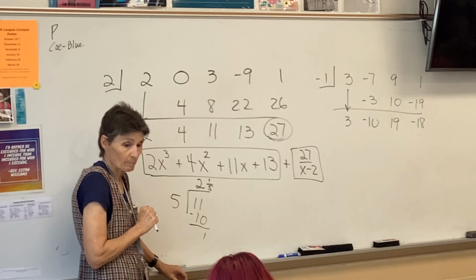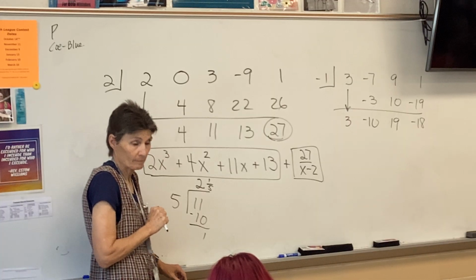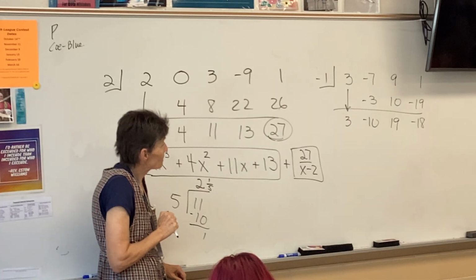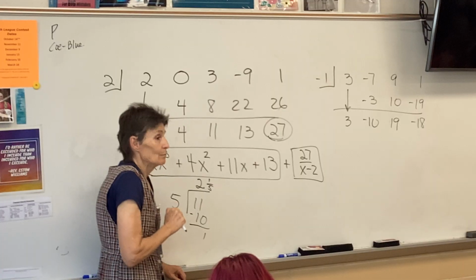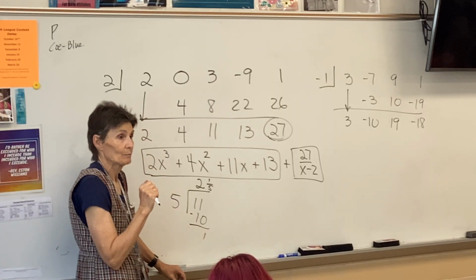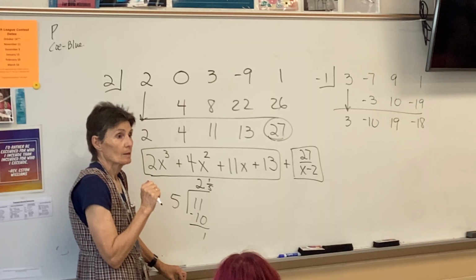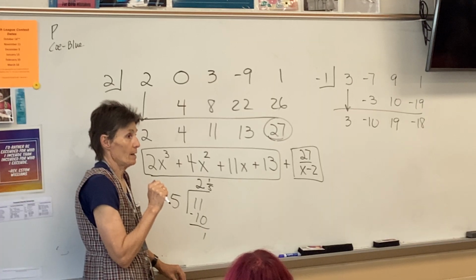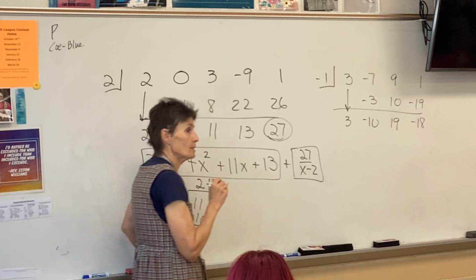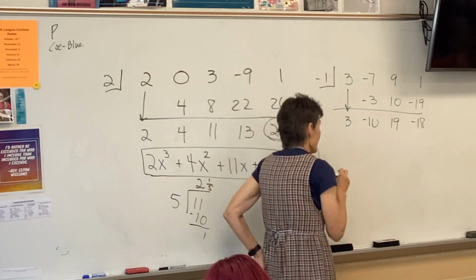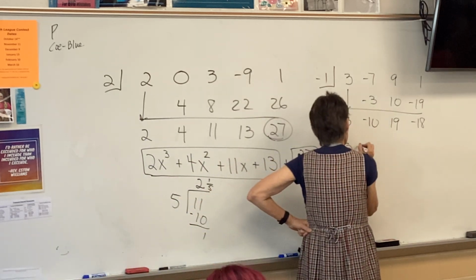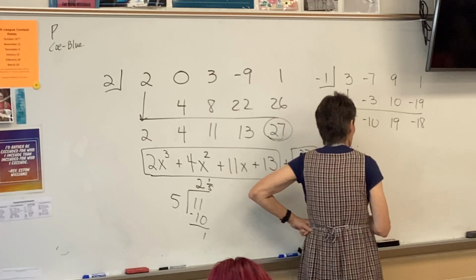So check my numbers. How's my division look? Those look okay? All right. So now what? I write my quotient and my remainder. And I think actually on test day, I have you separate those.